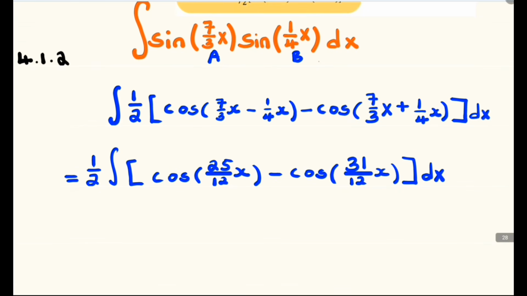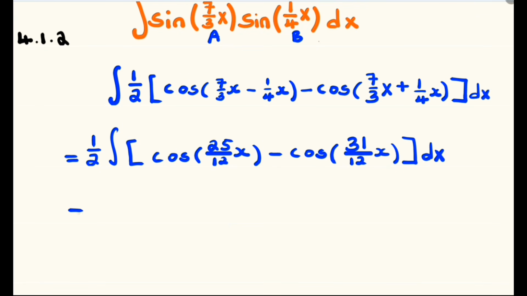And from here we can integrate, so we have the half multiplied by the integral of the cos of 25 over 12x, which will be the sine of the 25 divided by 12x.